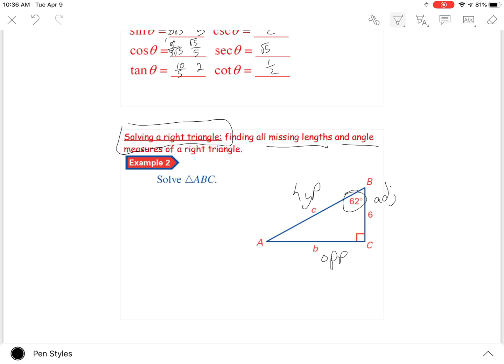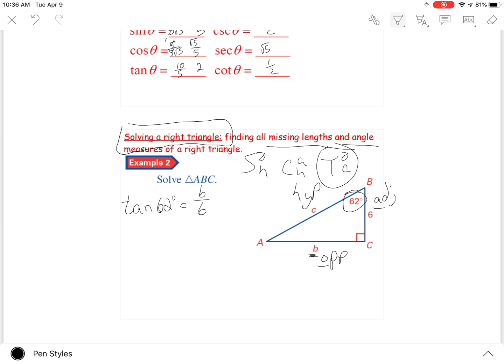The angle that was given. Let's say just for the sake of alphabetical order, I'll find B. I'm going to use SOH CAH TOA, and opposite and adjacent is tangent. So I'll take the tangent of 62 degrees equals the opposite side over 6.